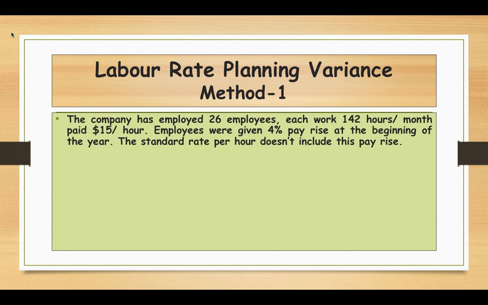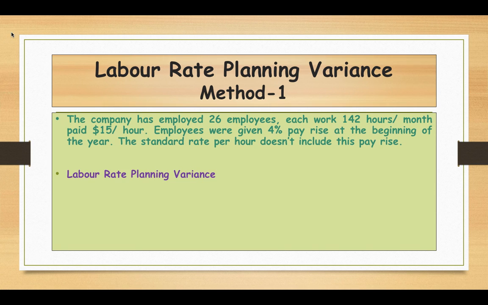So we look at the question. There are 26 employees. Each works 142 hours per month and they're paid $15 per hour. The employees were given a 4% pay rise at the beginning of the year, but the standard rate of $15 doesn't include this pay rise.